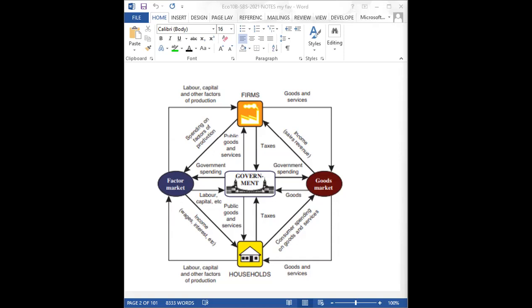So for a system of interdependence to operate effectively, there is need for a pricing mechanism or an exchange mechanism in order for them to exchange value for value.